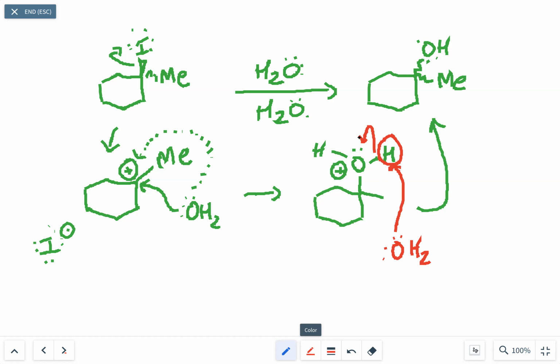It's just going to deprotonate that, and then that's going to give us our final product. And we'll have a little bit of H3O plus in there. So key point is that we're going to form our carbocation.